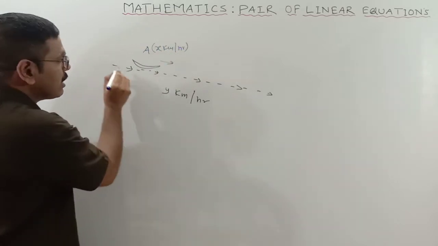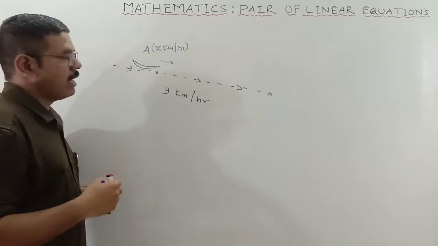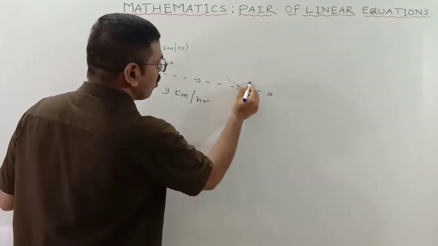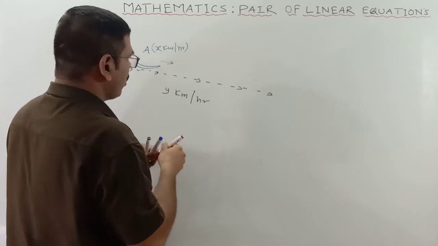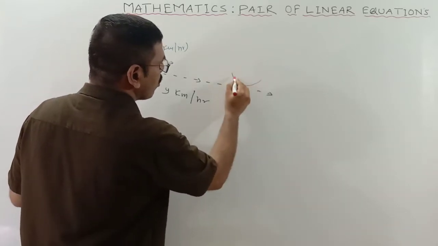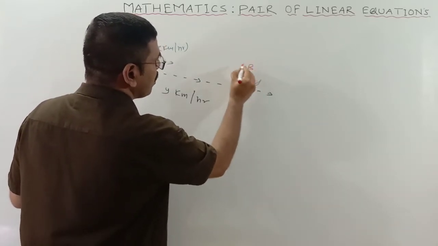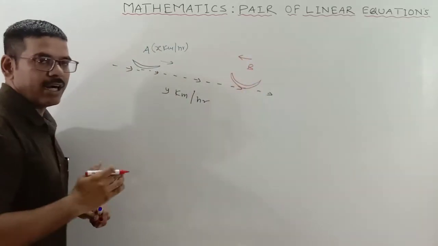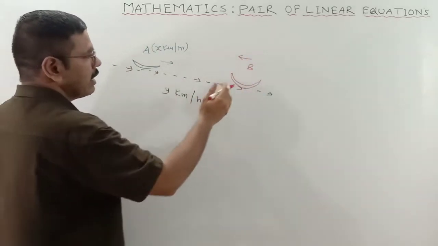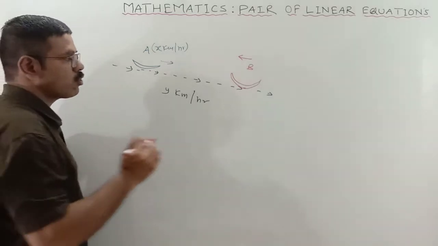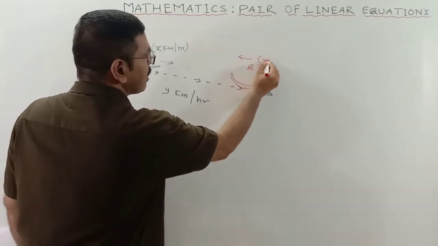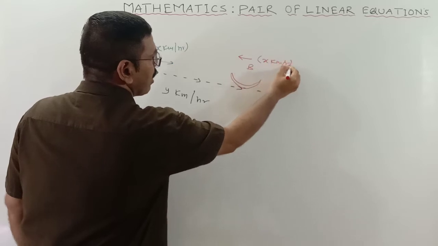Either it will flow with the current, or suppose another boat, boat B, is flowing in the upward direction, in the sense upstream, it is moving upstream. So its speed is again the same, x kilometer per hour.